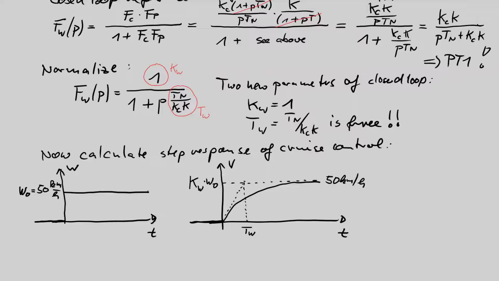So we can select any TW value with my controller. My choice now in this project is I want to have a TW time of 1 second.